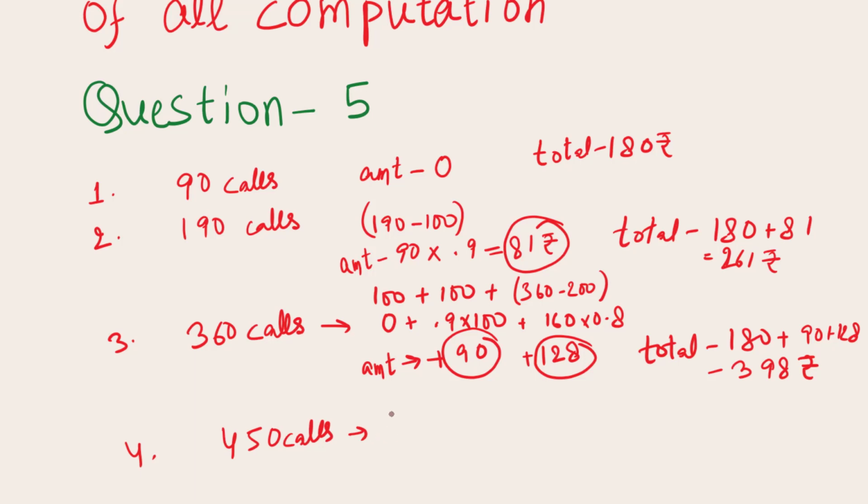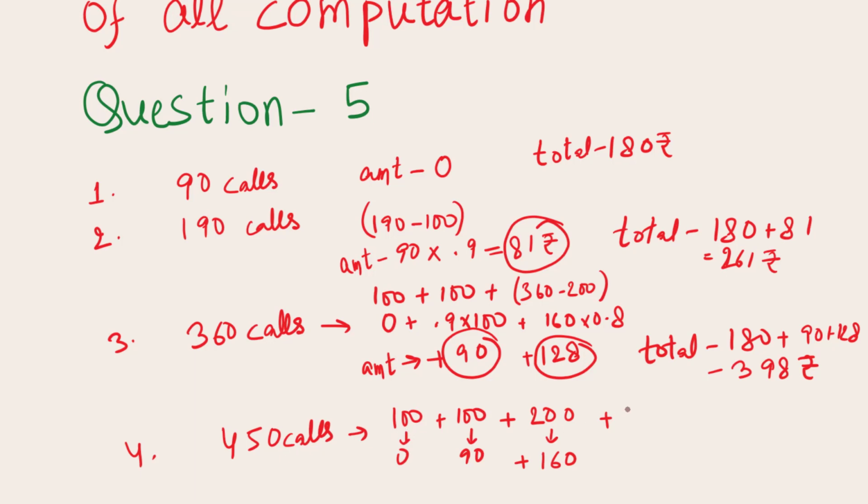So what will happen? For 100 calls he has to pay 0. After that, for the next 100 calls he has to pay 90 rupees. For the next 200 calls he has to pay 0.8 into 200, which will become 160 rupees. And then what's left? 100 plus 100 is 200, plus 200 is 400.